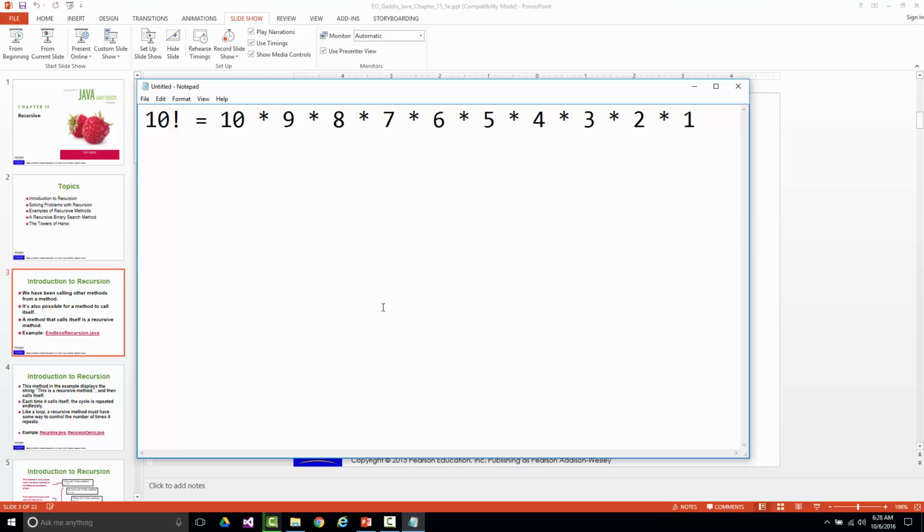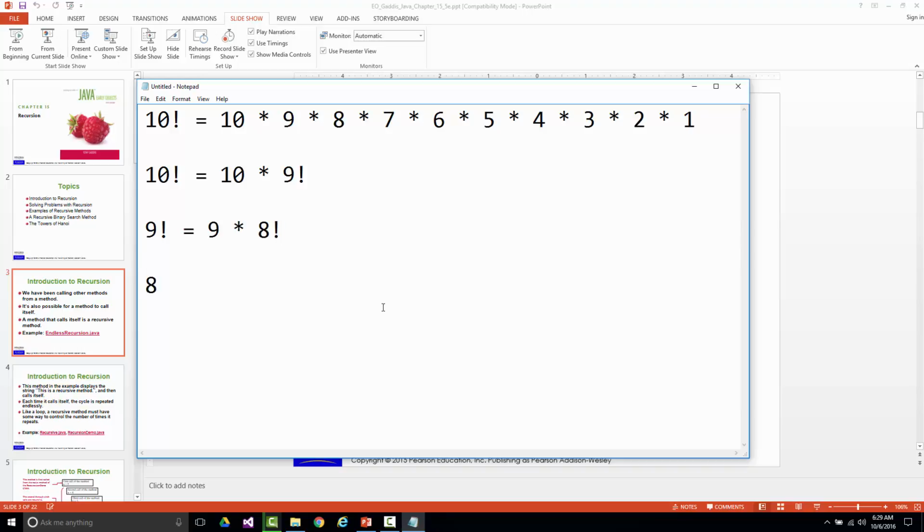But really, when you think about it, 10 factorial is also equal to 10 times 9 factorial. And 9 factorial is equal to 9 times 8 factorial.